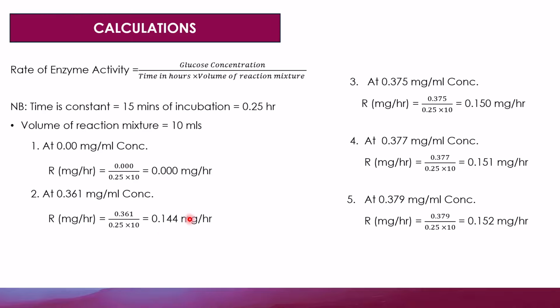At 0.375 milligrams per mil concentration, we have our rate of enzyme activity to be 0.150 milligrams per hour. At 0.377 milligrams per mil concentration, we have our rate of enzyme activity to be 0.151 milligrams per hour. And at 0.379 milligrams per mil concentration, we have our rate of enzyme activity to be 0.152 milligrams per hour.